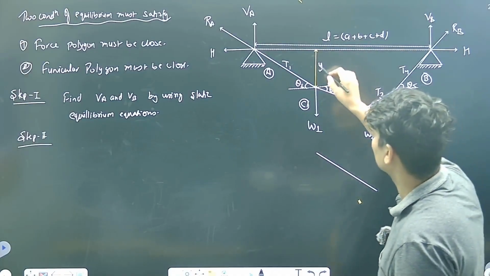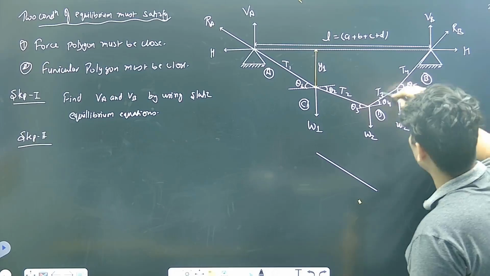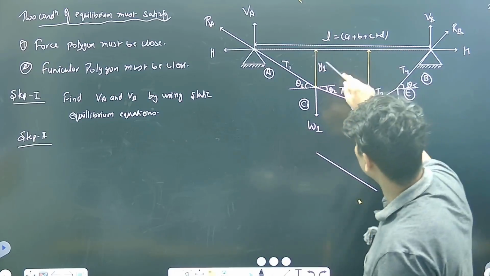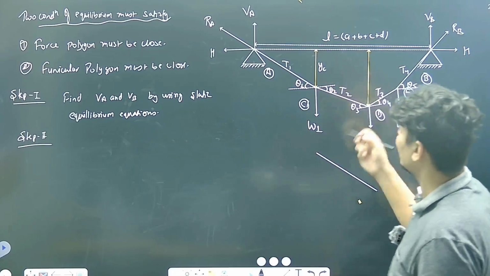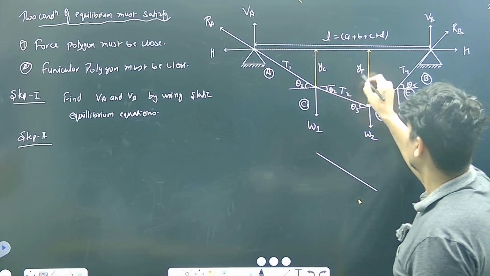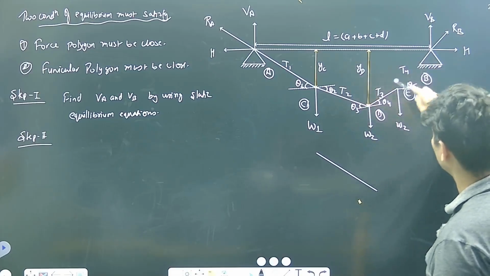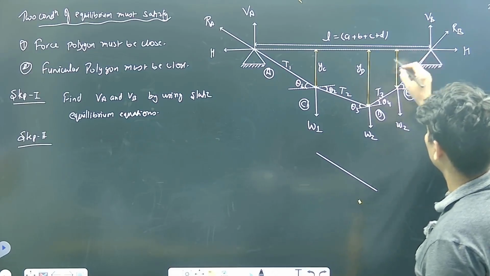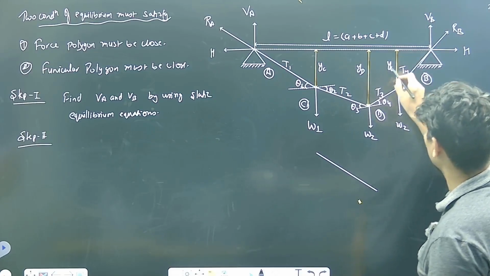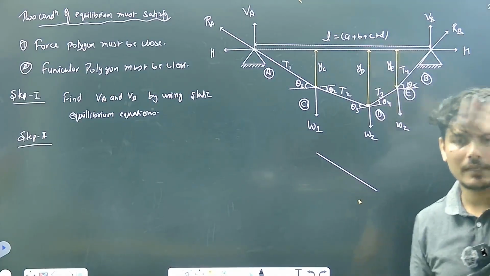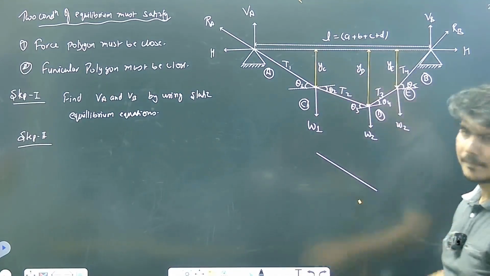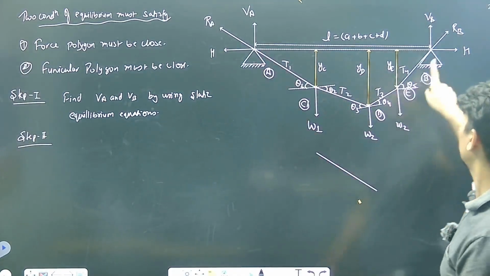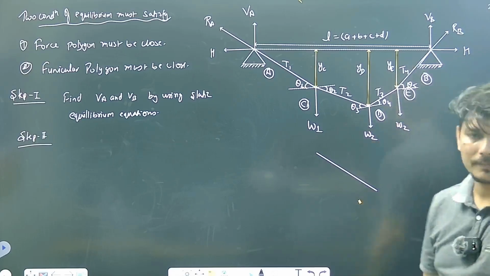Say the dip is yc for point C, here yd is the dip, and here ye is the dip. What is the dip at support A? 0. What is the dip at support B? 0.